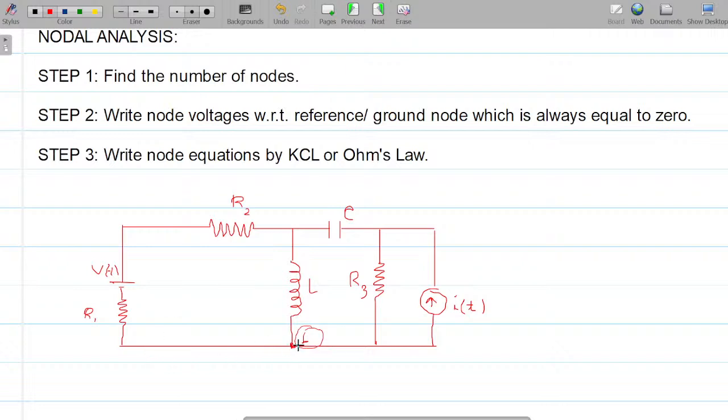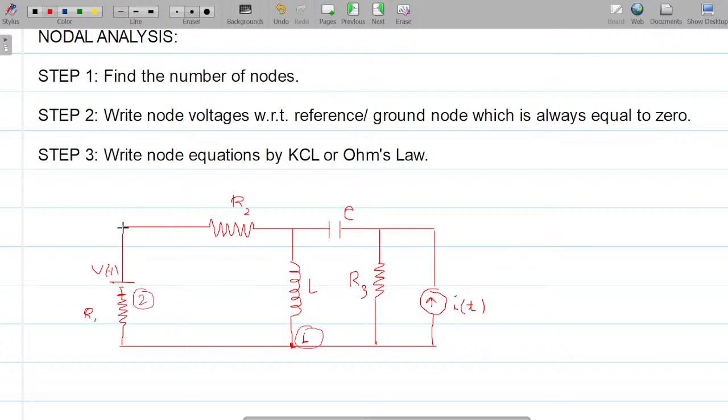Now traverse from here. Do you see a node here? This is at the same potential, right? Would this qualify as a node? 1 and 2, right? So this is another node. Let us mark it as 2. Again, traverse from here.